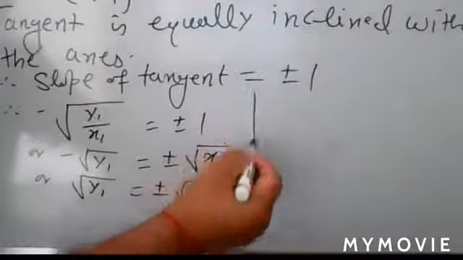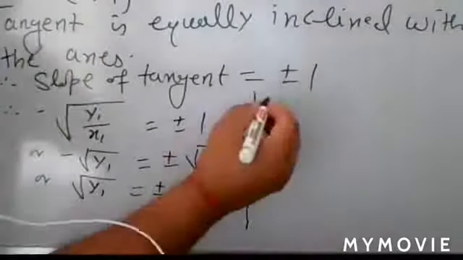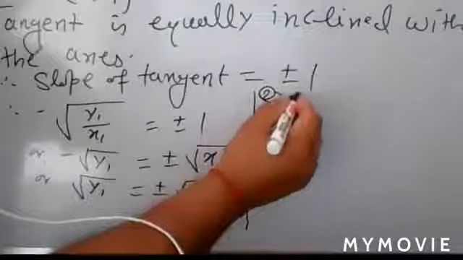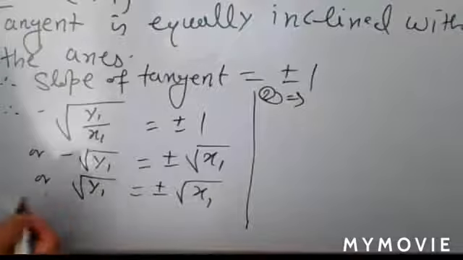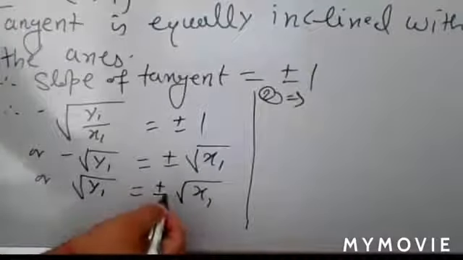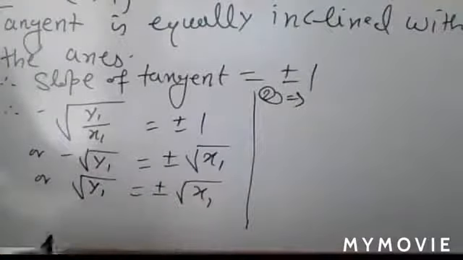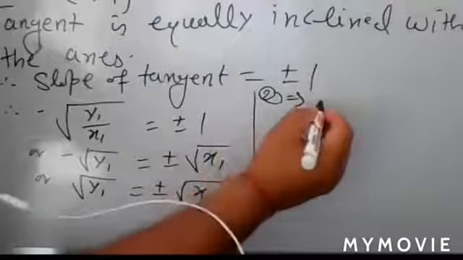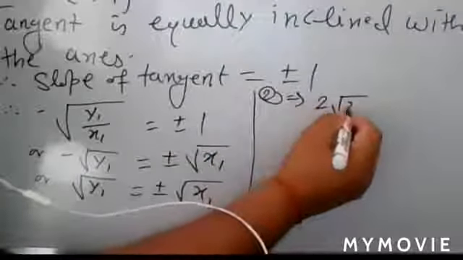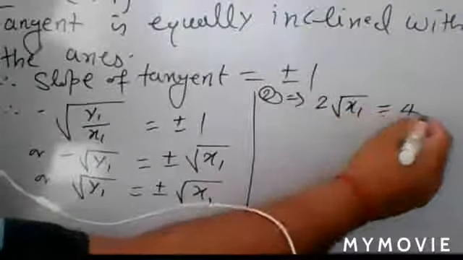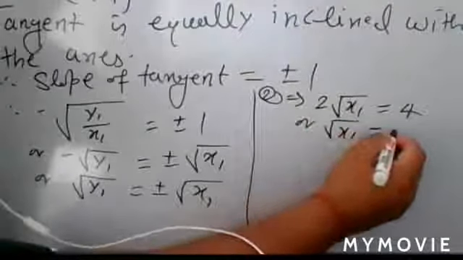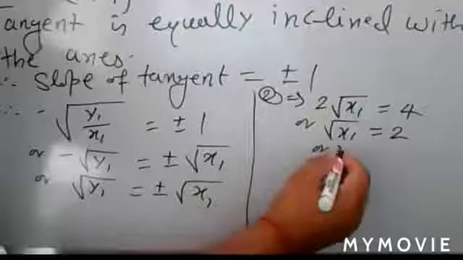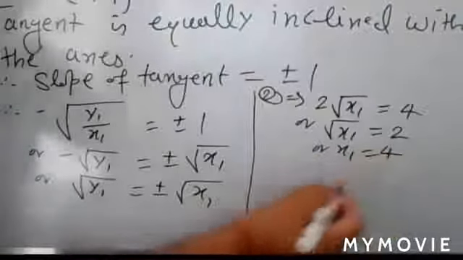So you come to the second equation. So if you are putting under root y1 in place, putting plus times of root x1, here you have 2 times of root x1 is equal to 4, or 2 times of root x1 is equal to 2, or you have x1 is equal to 4.